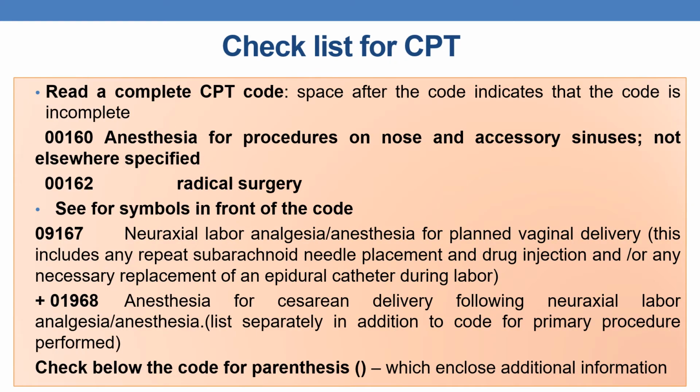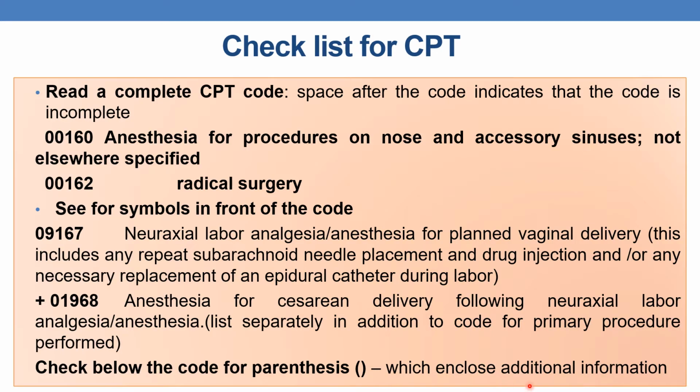Now coming to the checklist for CPT. Before reading any CPT code, we must consider 3 points. The first point is read a complete CPT code. The second is see for any symbols in front of the code. The third is check below the code for parentheses, because the parentheses enclose additional information.